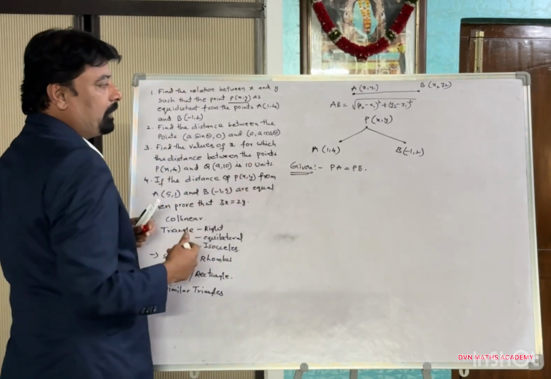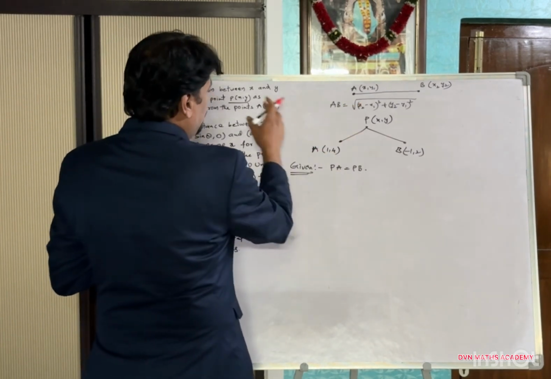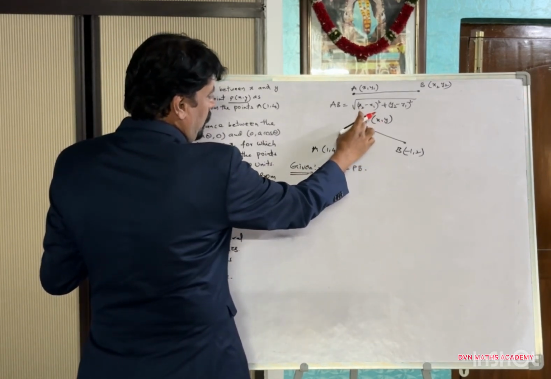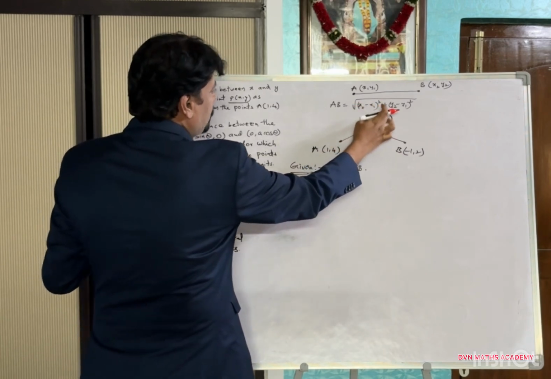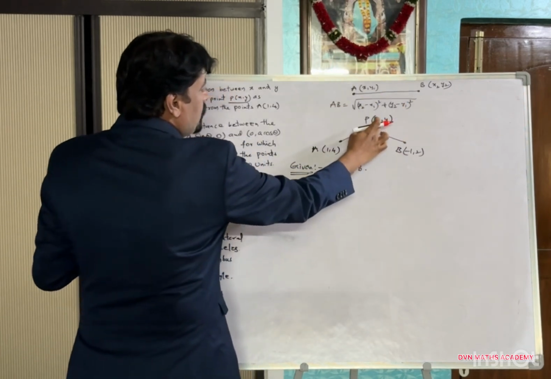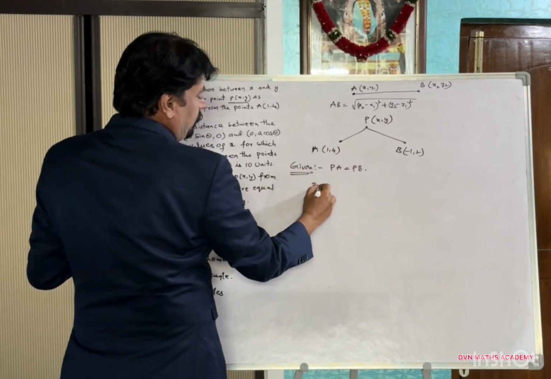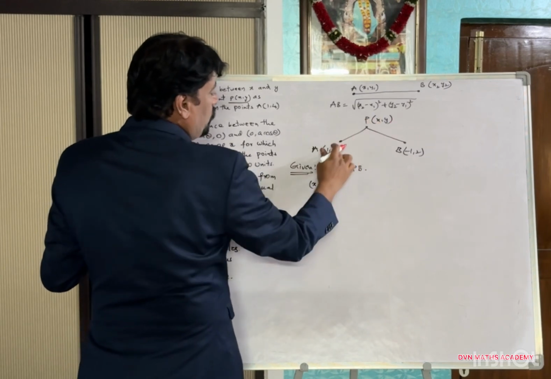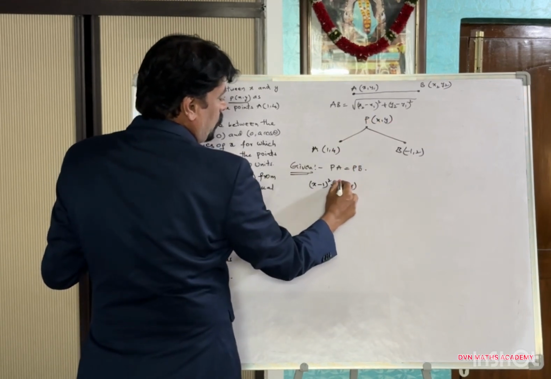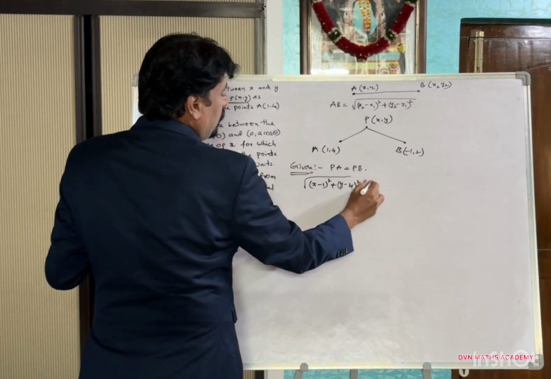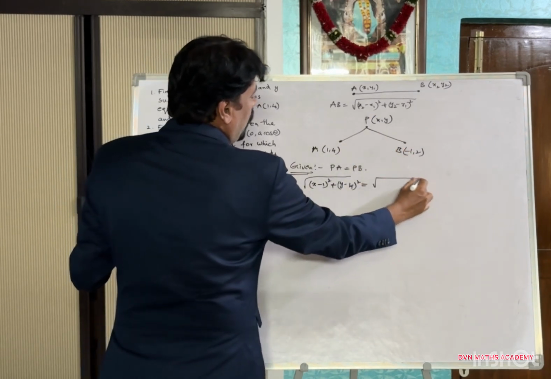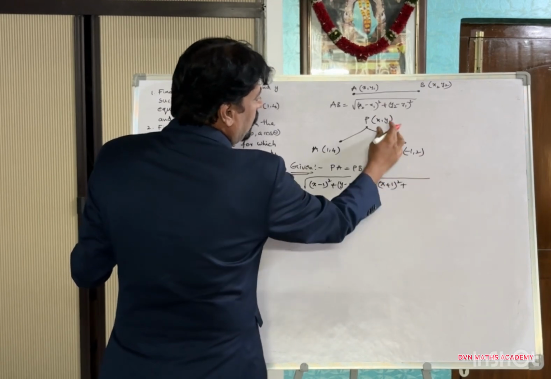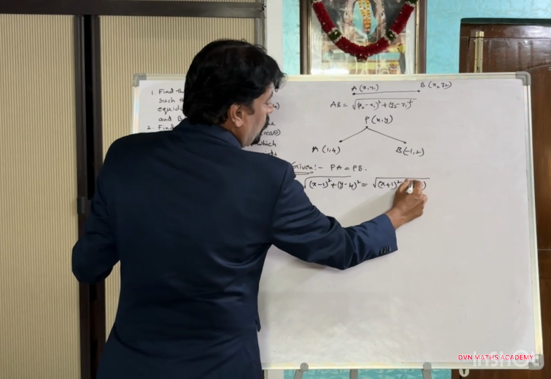If PA is equal to PB, just apply this distance formula and you will get the relation between x and y. According to the distance formula, PA is equal to under root of (x2 minus x1) whole square plus (y2 minus y1) whole square. So this is under root of (x minus 1) whole square plus (y minus 4) whole square, which is equal to PB: under root of (x minus of minus 1, that is x plus 1) whole square plus (y minus 2) whole square.